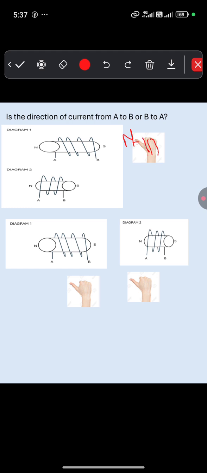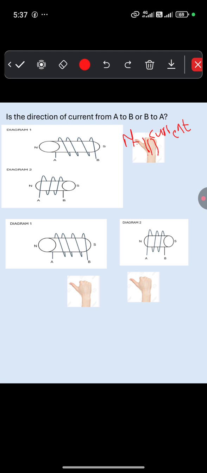Your curled fingers will point in the direction of the current. So you just ensure that your thumb points in the direction of the north in this solenoid. Then you curl your fingers.